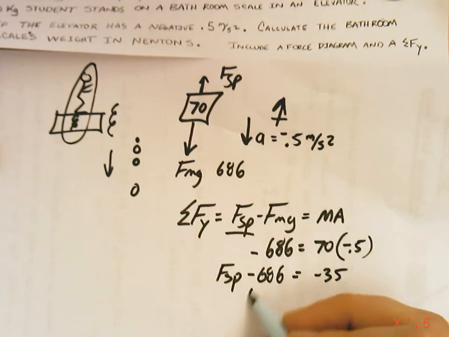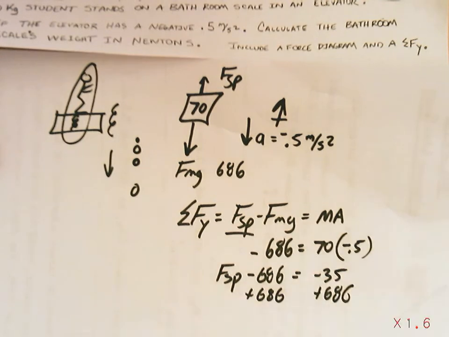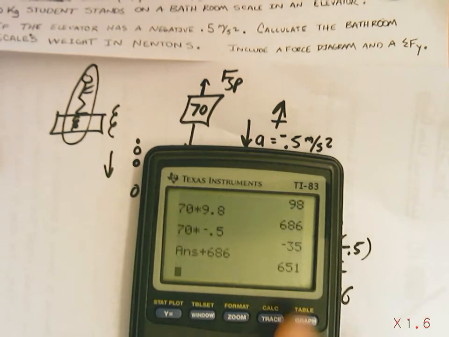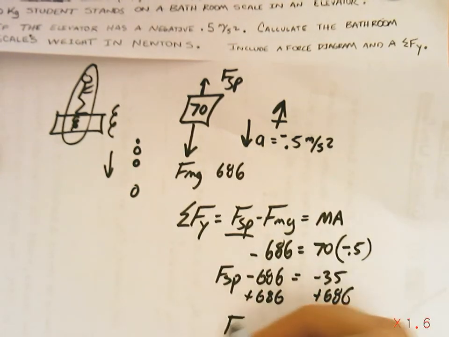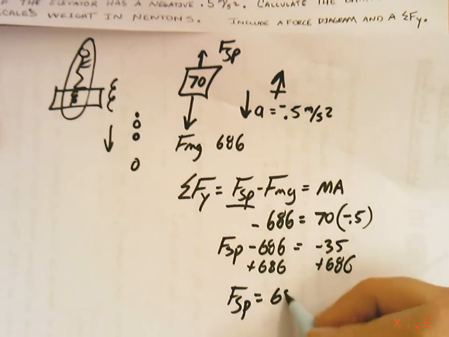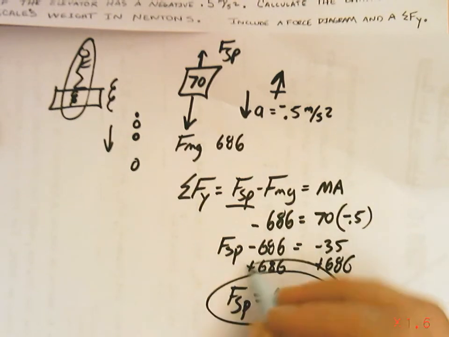So ultimately we add 686 to get Fsp by itself. Negative 35 plus 686 is 651. So the spring is less. It's 651 rather than what it was at equilibrium, 686 newtons.